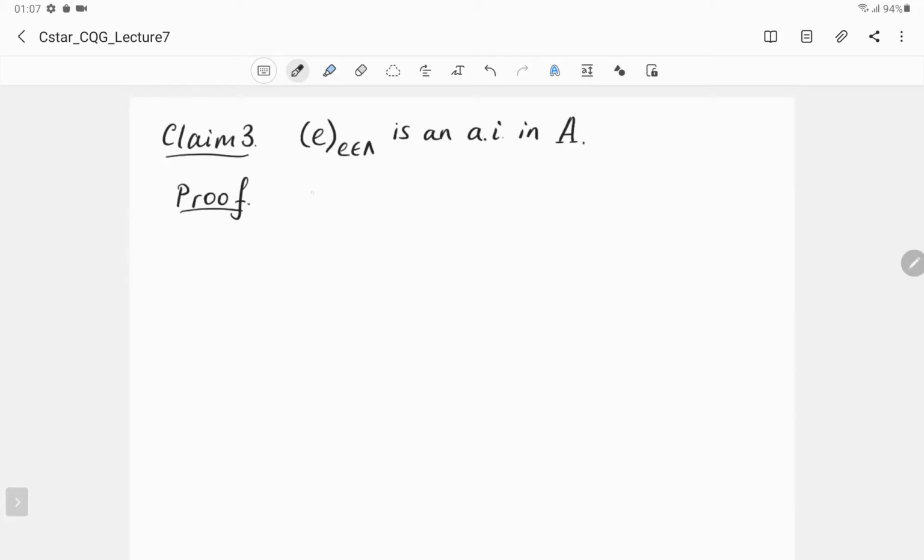First of all, we observe that for each E in lambda, we have the following inequality. 1 minus E squared is less than or equal to 1 minus E.